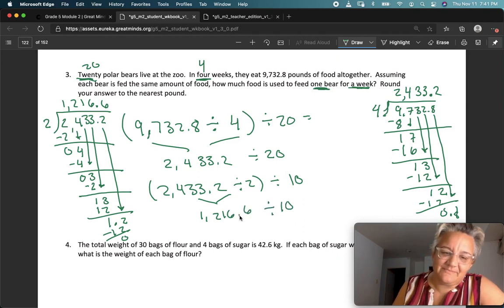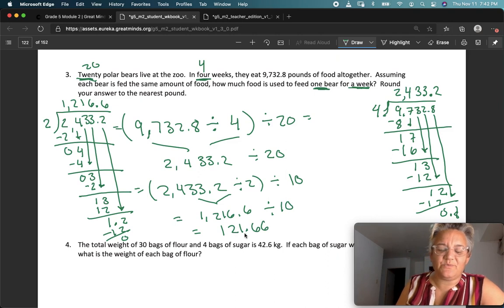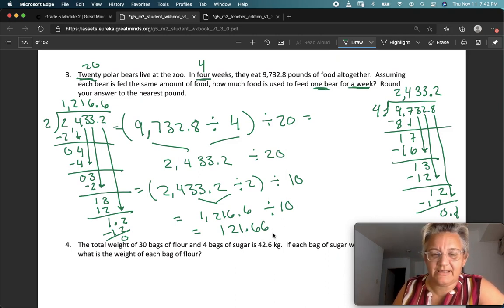And divided by means that the decimal point is going to go over one space, which means my new answer is 121 and 66 hundredths, okay?